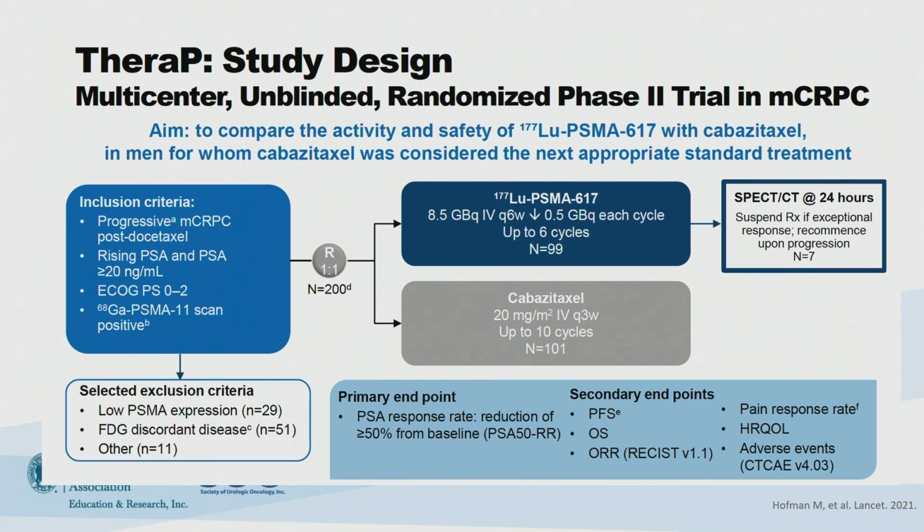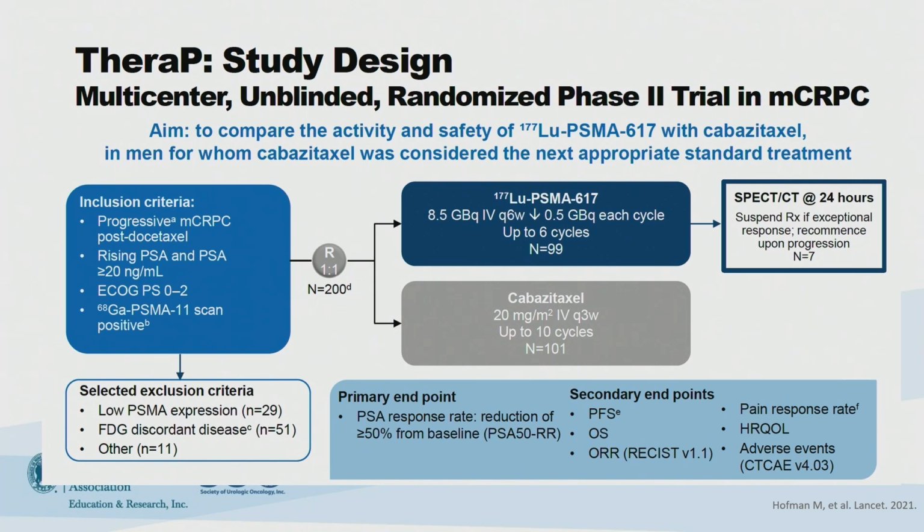In order to get into this trial, and I did not say this for VISION, all patients in the VISION trial had to meet criteria as having sufficient PSMA expression on their PET scan. In TheraP, they had to have a PSMA PET that showed sufficient uptake and expression, and they also had to have an FDG PET that didn't show a large amount of discordance. So there had to be essentially concordance between the two, or else not a lot of uptake on the FDG.